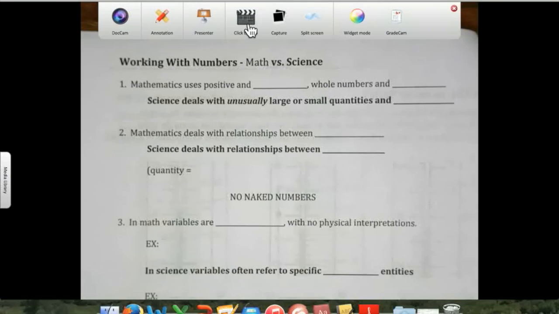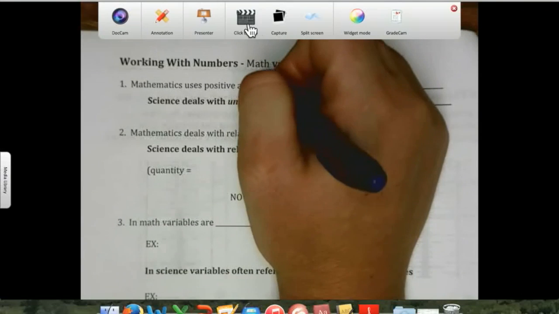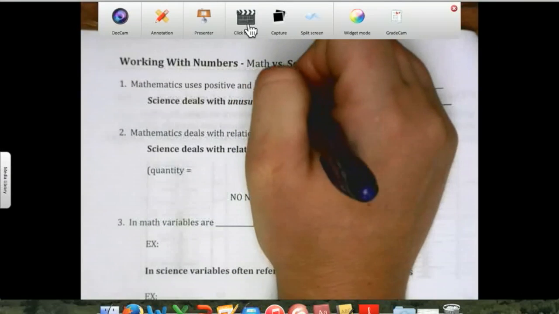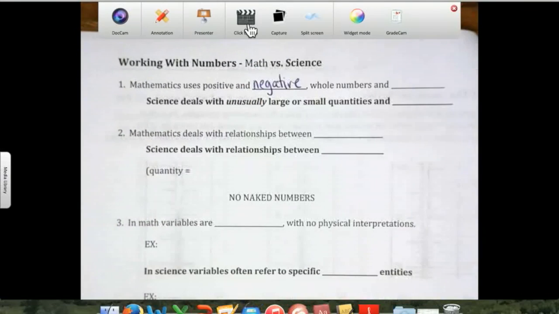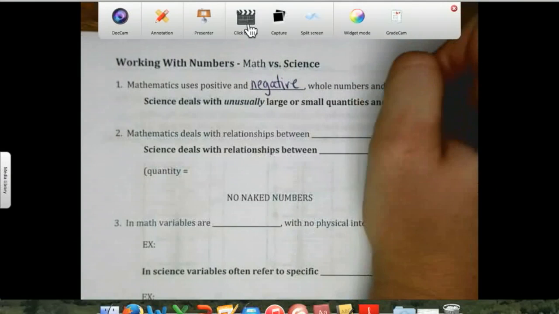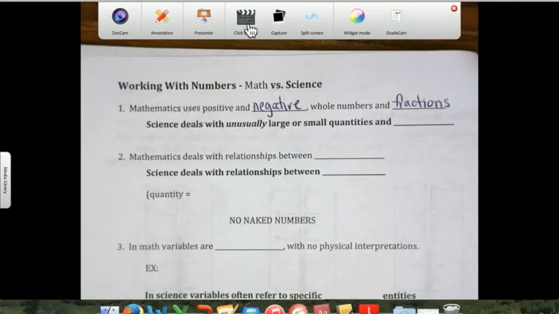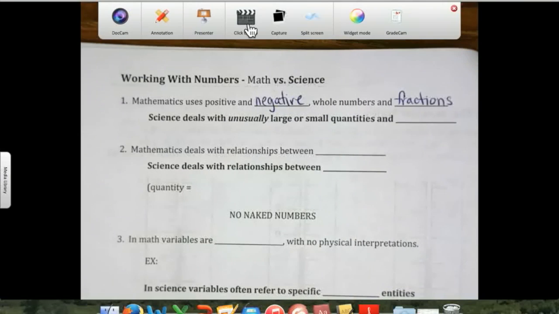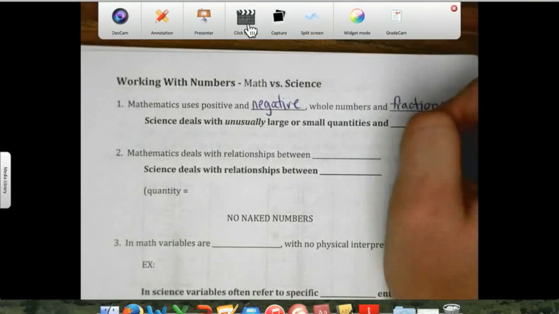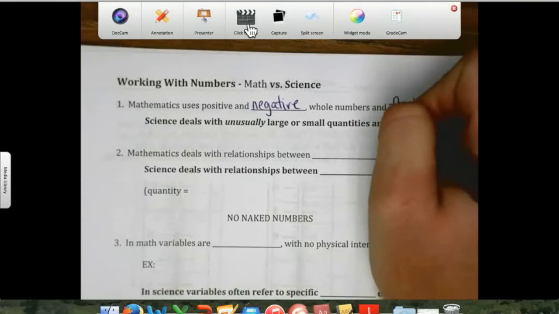It says mathematics uses positive and negative whole numbers as well as fractions. This is a little bit different because in science we usually deal with really large or really small quantities, and so instead of putting them in fraction form, we will use decimals.